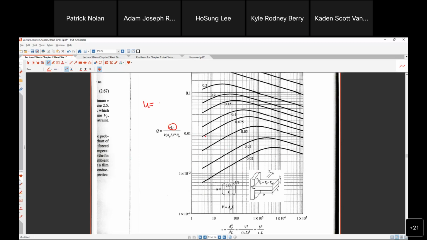So U is 0.05. So same, this must be the curve we're interested in, but where is the optimum? Since K is known, but we don't know AP, L is known, theta is known.